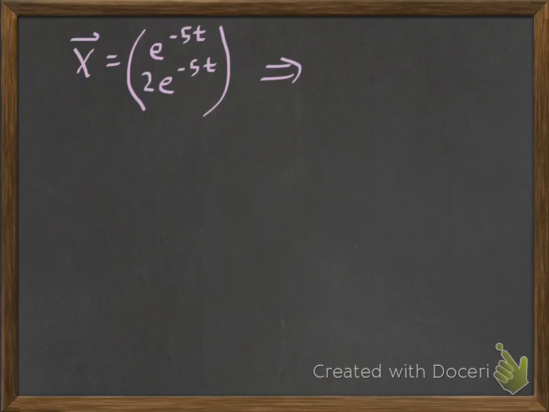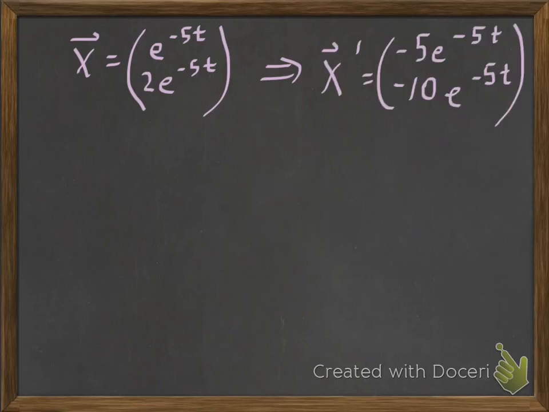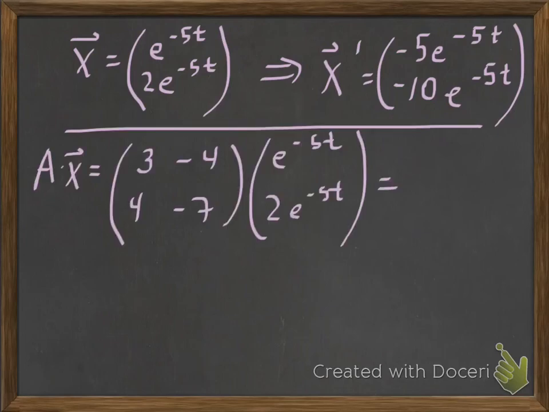So if my vector x is (e^(-5t), 2e^(-5t)), then I differentiate, and when I differentiate, I just differentiate each piece individually. So x' is (negative 5e^(-5t), negative 10e^(-5t)). So that's the left-hand side. Now what do I want to check? I want to check that A times the supposed solution vector equals what I just found for x'.